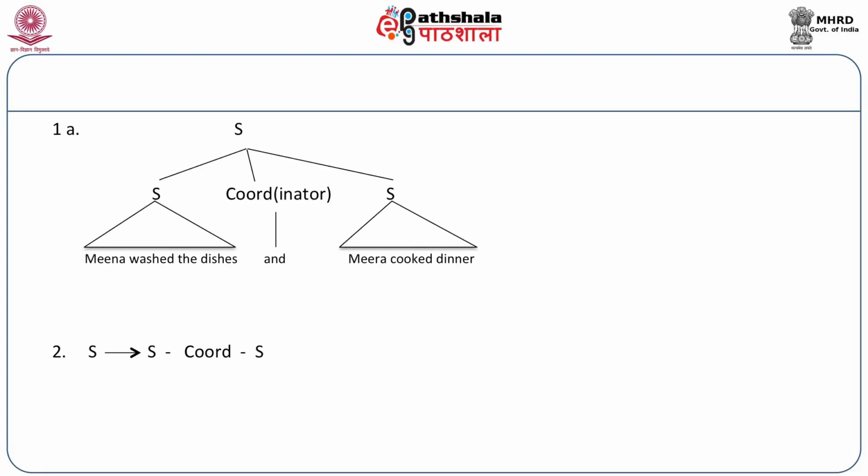Here two clauses have been coordinated, and therefore the S at the top goes into two clauses, S and again S, and they are coordinated by the coordinator, and we can formulate a rule like 2 where S goes into S, coordinator and S.